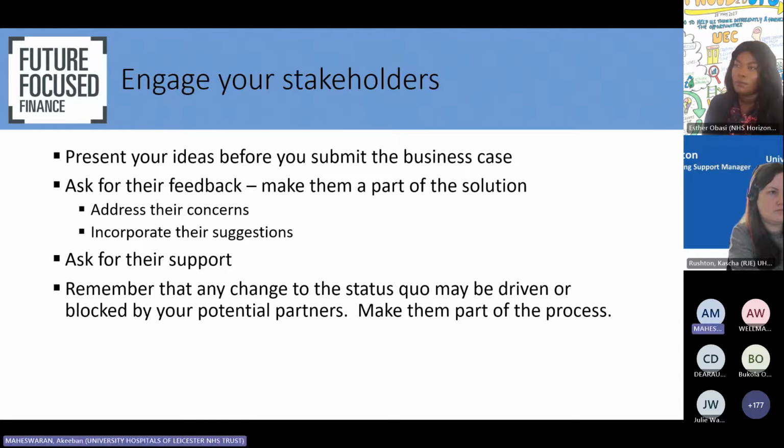And if you don't do that, you might find that business cases get blocked very early on by other areas because they say, well, what about the effect on us? If you factor them in and explain your rationale for this, that, and the other, then they'll be more supportive. So make people part of the process.